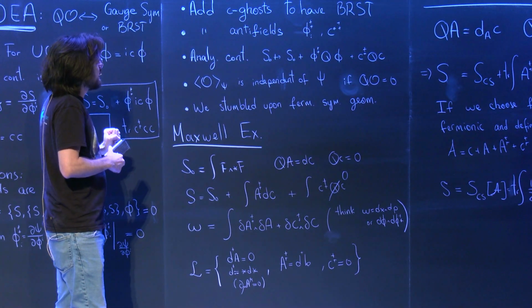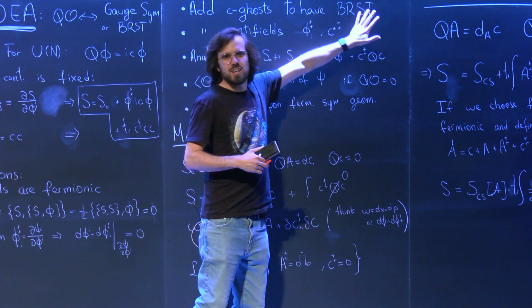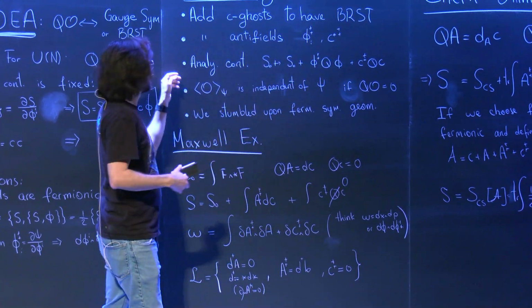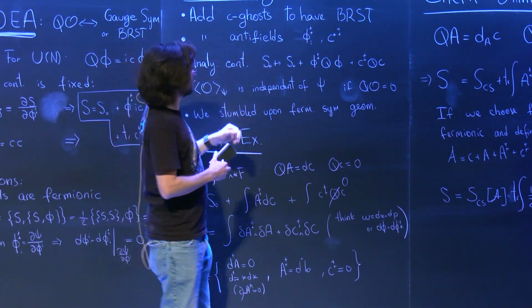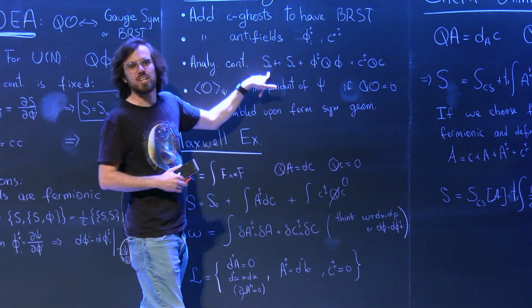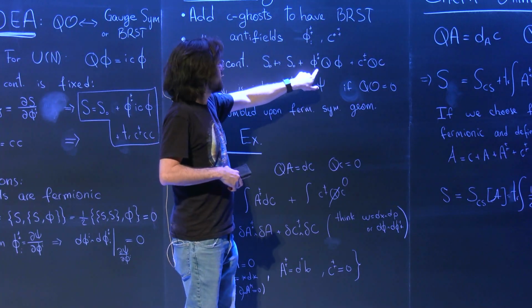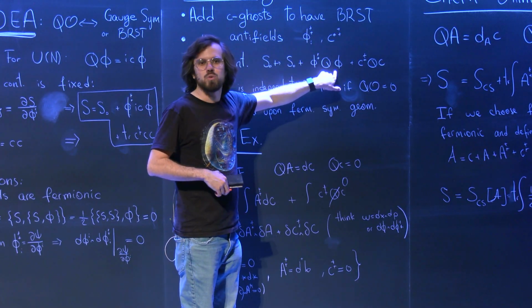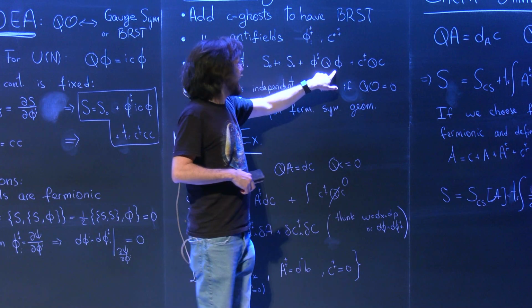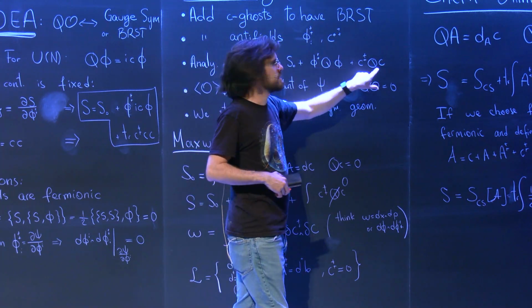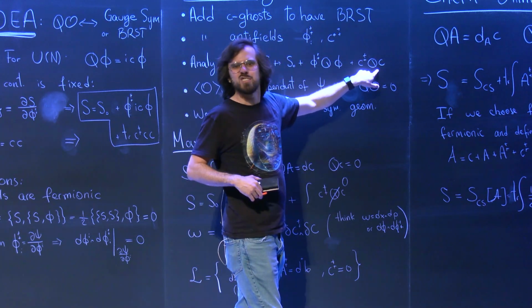And having introduced all of this new content, we analytically continue our action so that our original action S0 goes to S0 plus the antifields paired up with the BRST transformation of the field, and the antifield for the ghost paired up with the BRST transformation for the ghost.